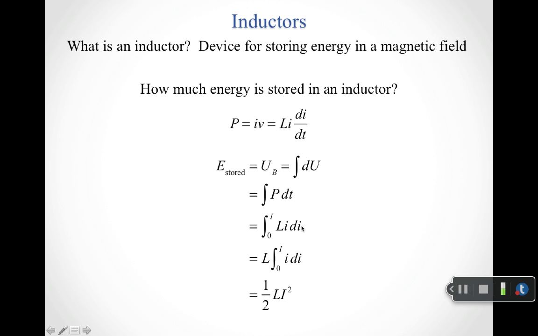The dt here cancels the dt there, and I'm left with Li di that I integrate from 0 to some final current value I. L is just a constant, it depends on the geometry and doesn't depend on the current, so I can pull that out of the integral, and i di is just 1/2 i squared. When I evaluate that from 0 to big I, what I end up with is this expression: the energy stored within an inductor is 1/2 Li squared.